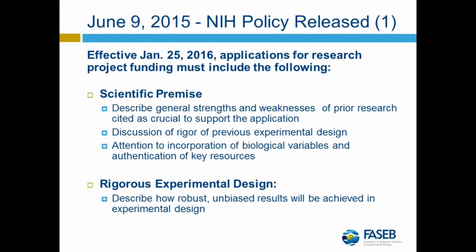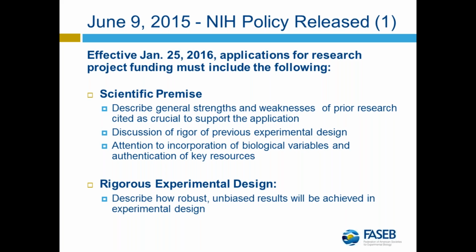So that's scientific premise. The second component was expanding rigorous experimental design. And what NIH was looking for here is for applicants to describe how robust, unbiased results will be achieved in the experimental design. That probably seems a bit obvious as you're laying out a grant application, but they wanted a little more detailed discussion about how you were going to power your experiments, what kind of controls.